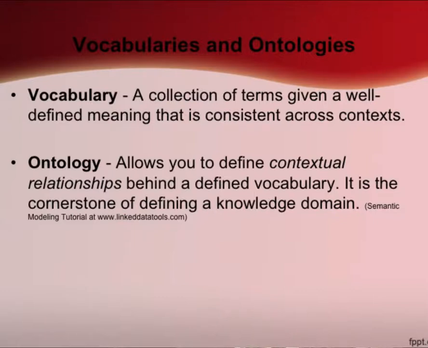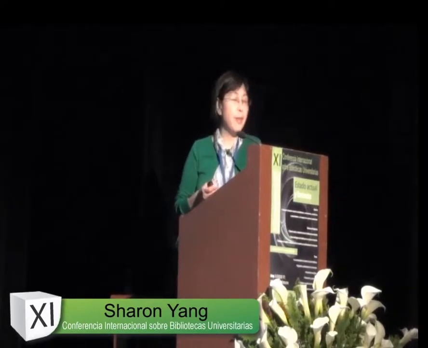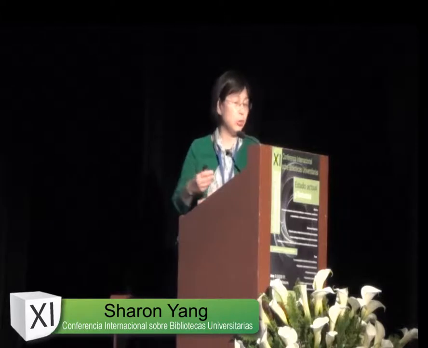In the ontology, you have to define the relationship between the class and the students, relationship between professor and the students, relationship between the president and the professors, relationship between library and the faculty. So ontology basically is a file that will define relationships, and vocabularies are controlled vocabularies that will also be used as labels when you do the RDF statement.